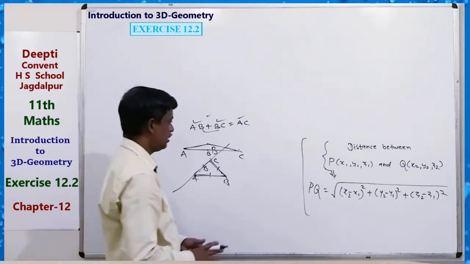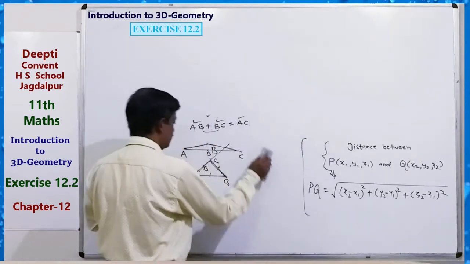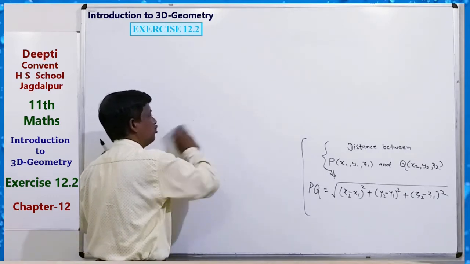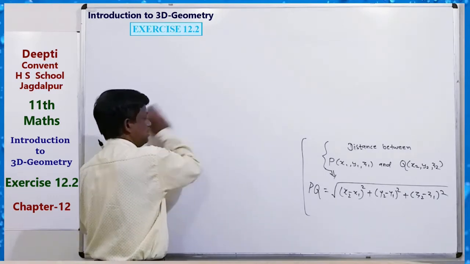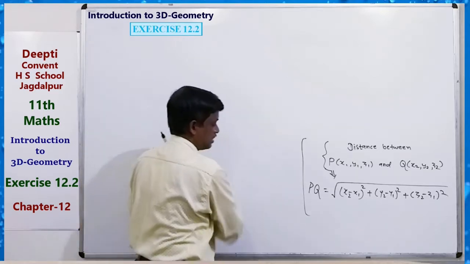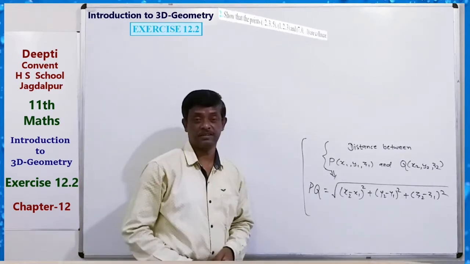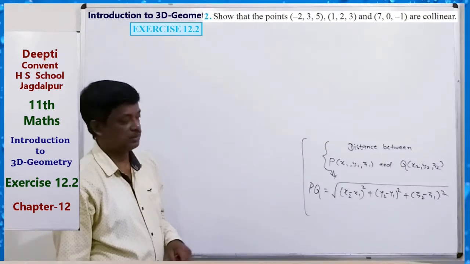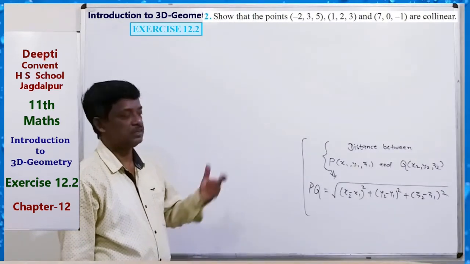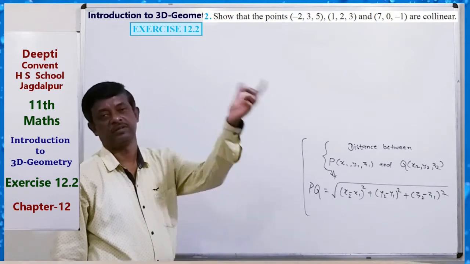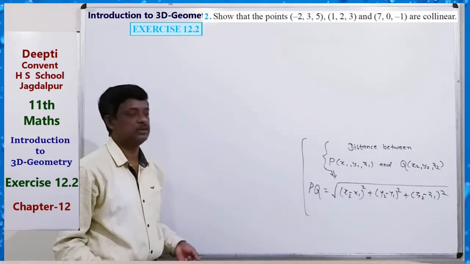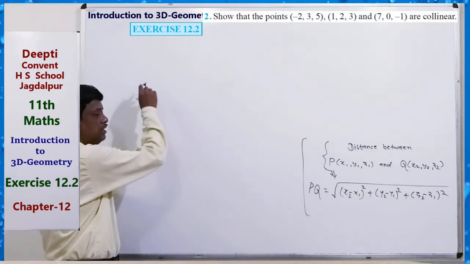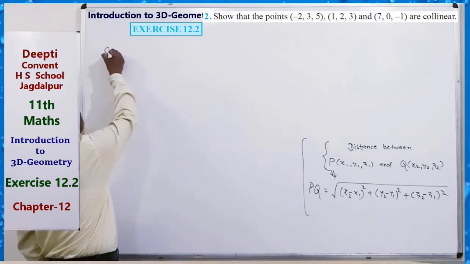Also, by using coordinates we can prove the collinearity of 3 points, by external and internal division. So for proving collinearity, if we can show AB plus BC equals CA, then the points will be collinear. So here is the solution of question 2.